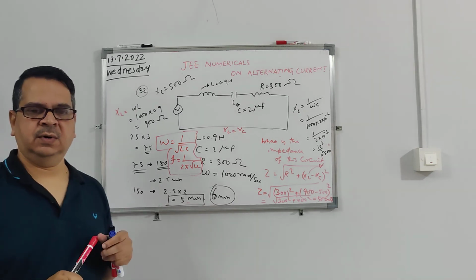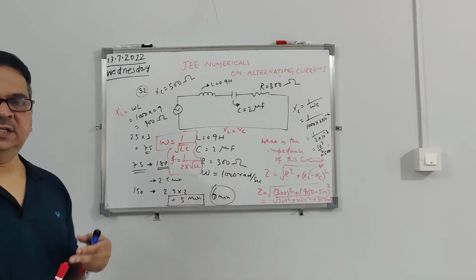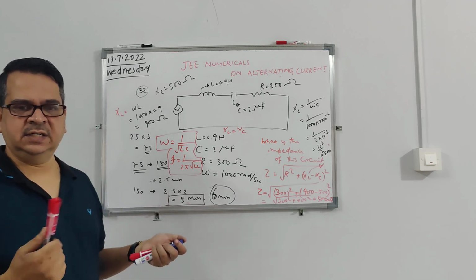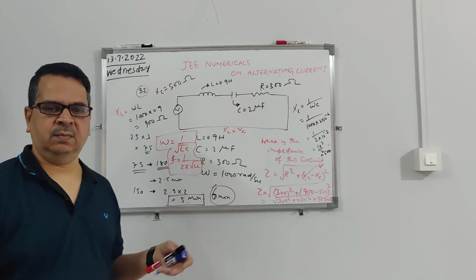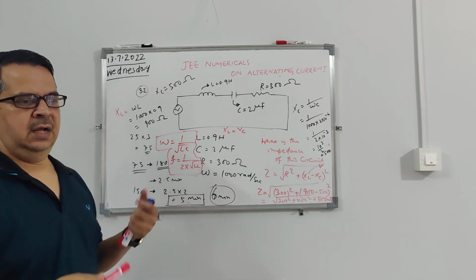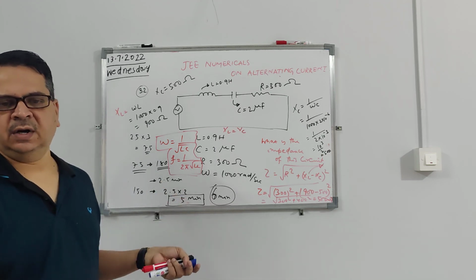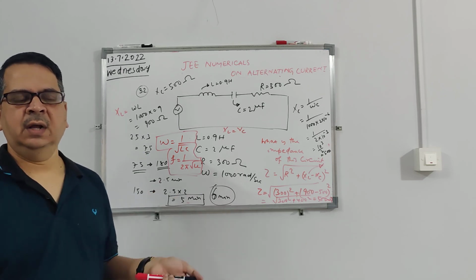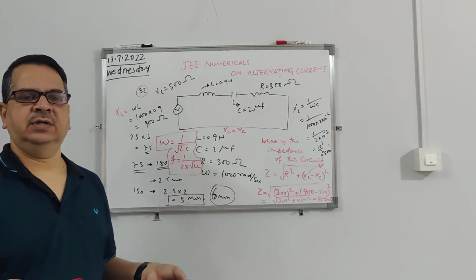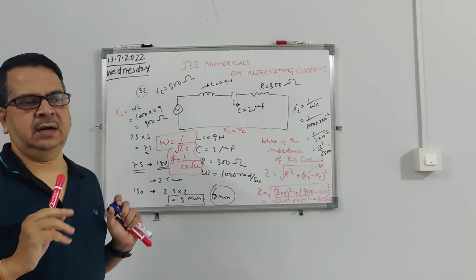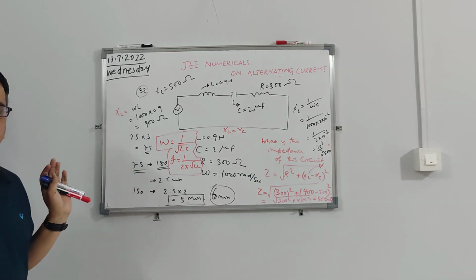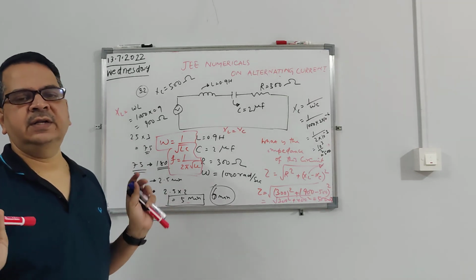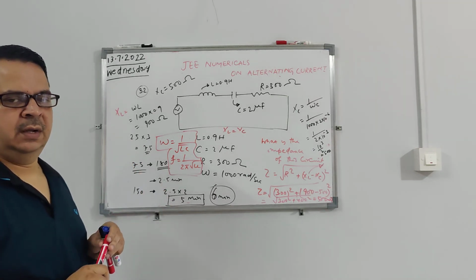So XL is equal to omega L, XC is equal to 1 by omega C. These are the formulas required, and finally the impedance unit is ohm only. Clear now? Yeah.